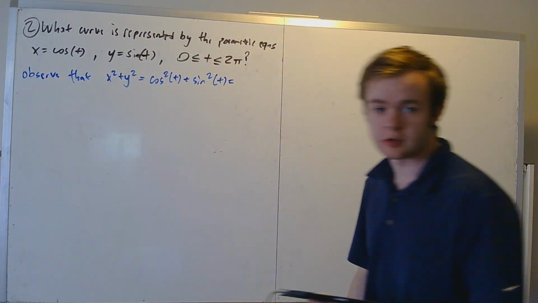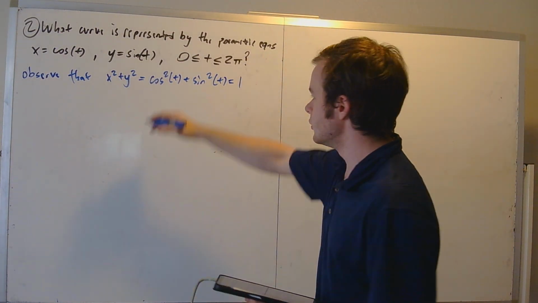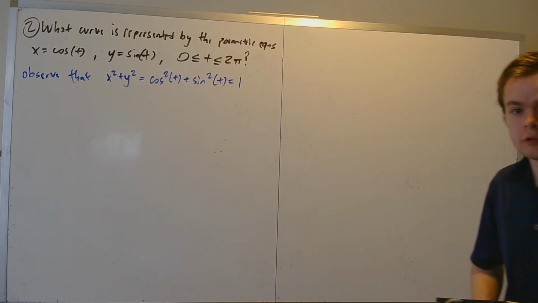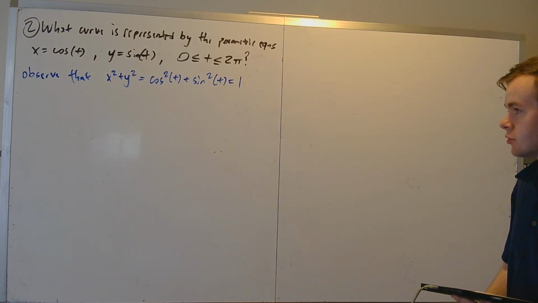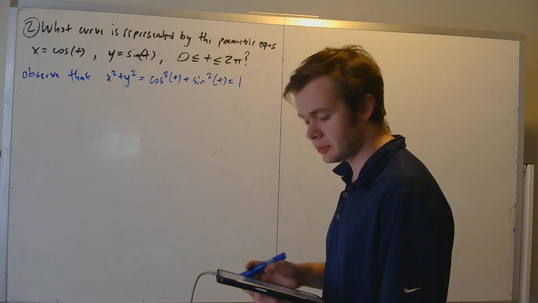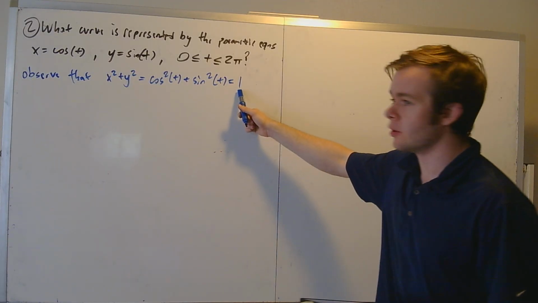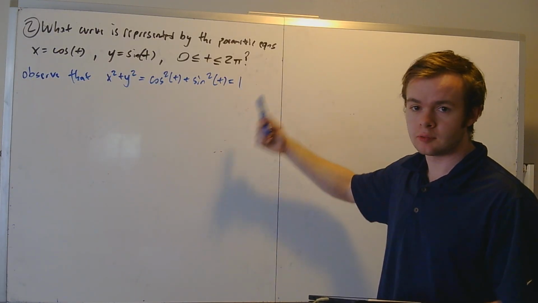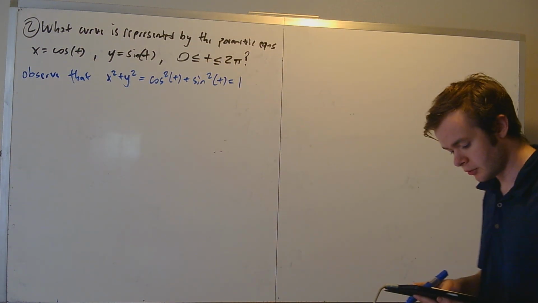And remember what we said that was equal to? We said that's equal to 1. So we know x squared plus y squared is 1. Well, think back, what's that the equation of? That's the equation of a circle, right? And in particular, this is the equation of the unit circle, since this 1 is the radius squared, and 1 squared is 1. So the radius is 1, meaning it's the unit circle.